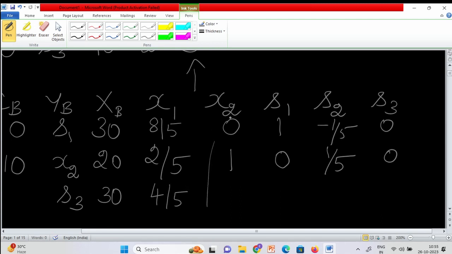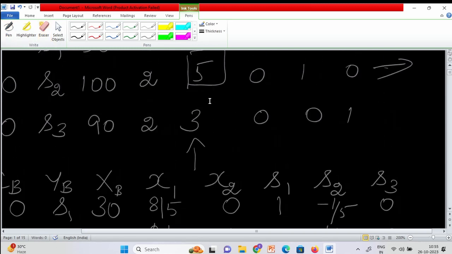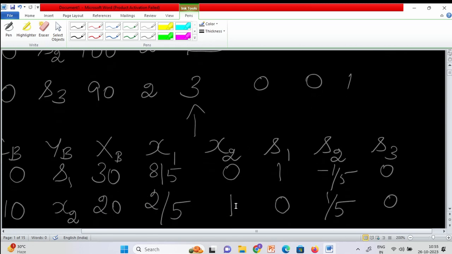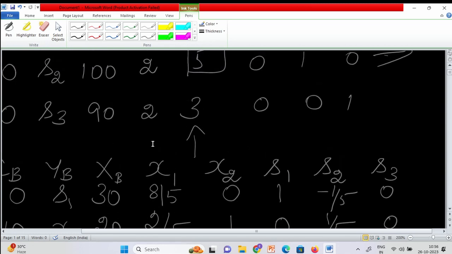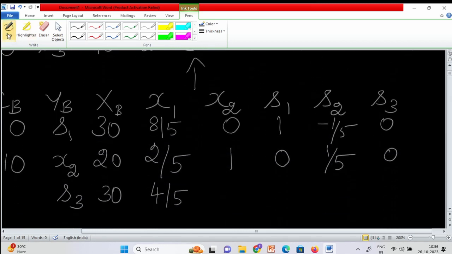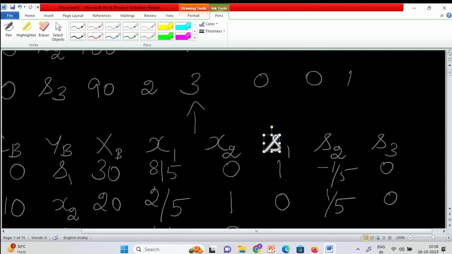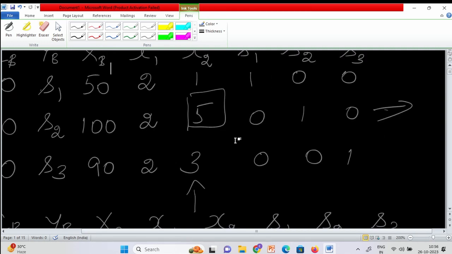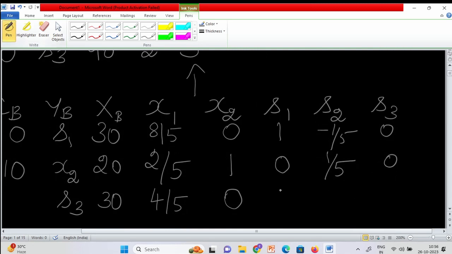And then the next value here is 3. If you multiply this one by 3, 3 minus 3 is 0. And then here is 0. If you multiply it by 3, we will get the same 0. Here also we have 0. So the element here is also 0. If you multiply this one by 3, we will get 3 by 5.